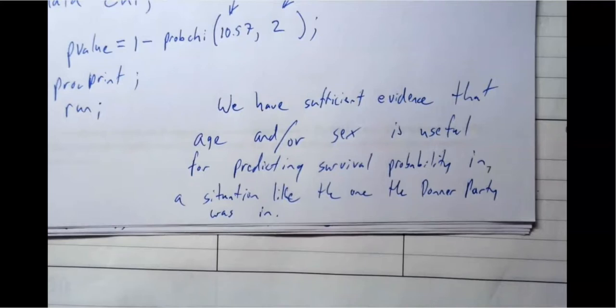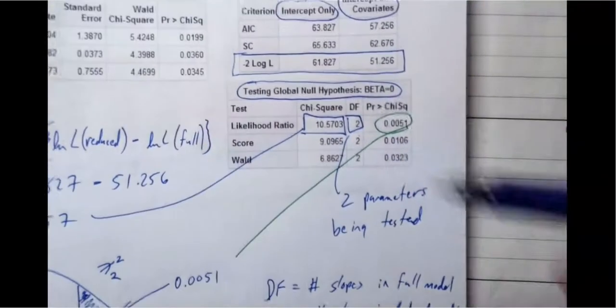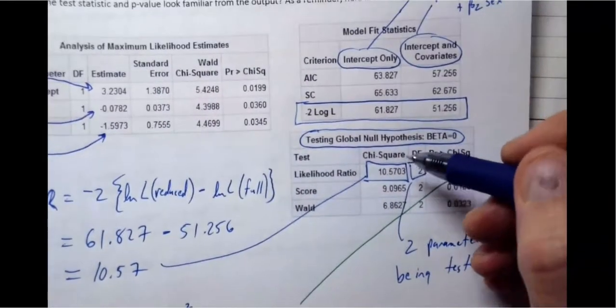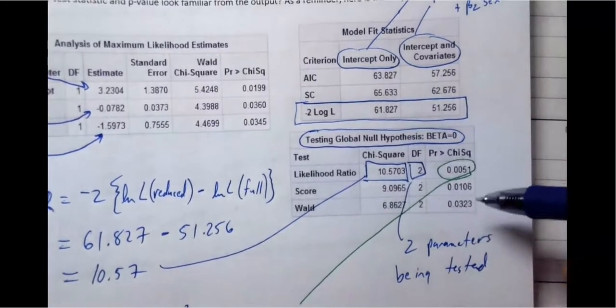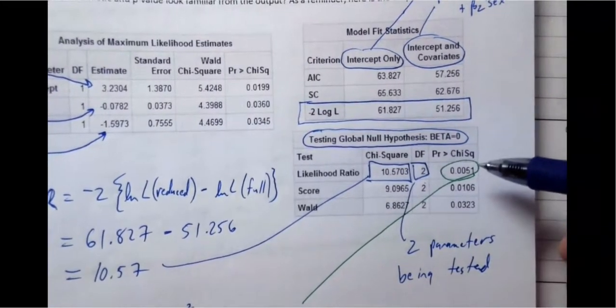Hopefully we won't see a situation like that. But that's how we calculate the overall global likelihood ratio test statistic for testing whether any of our betas are useful in the model.